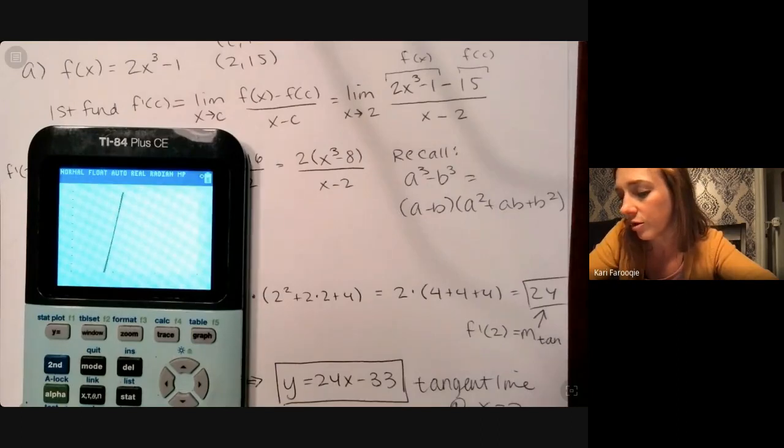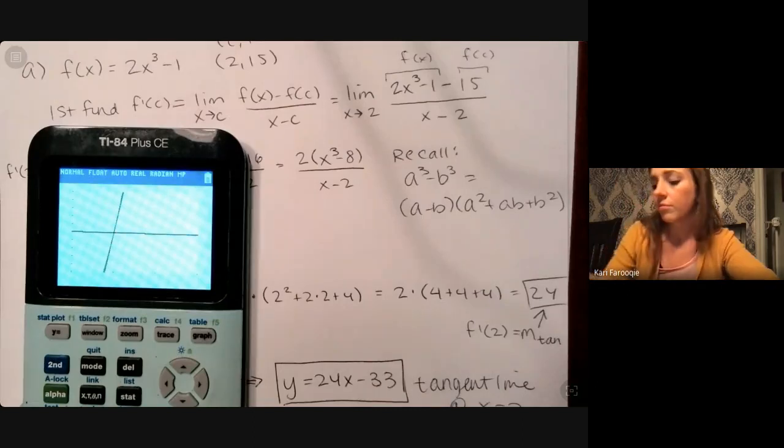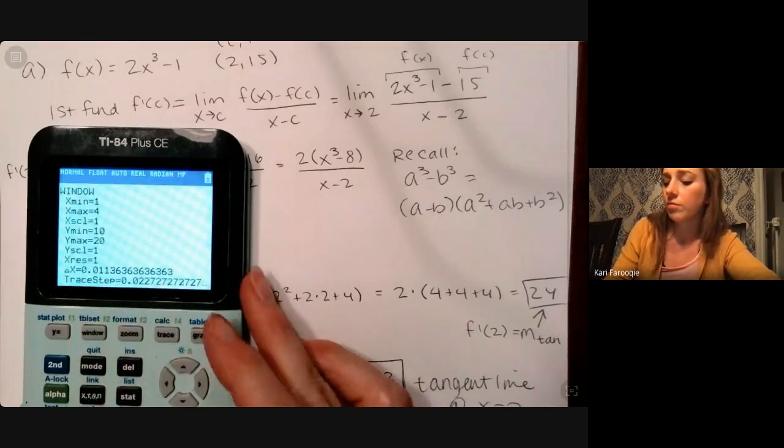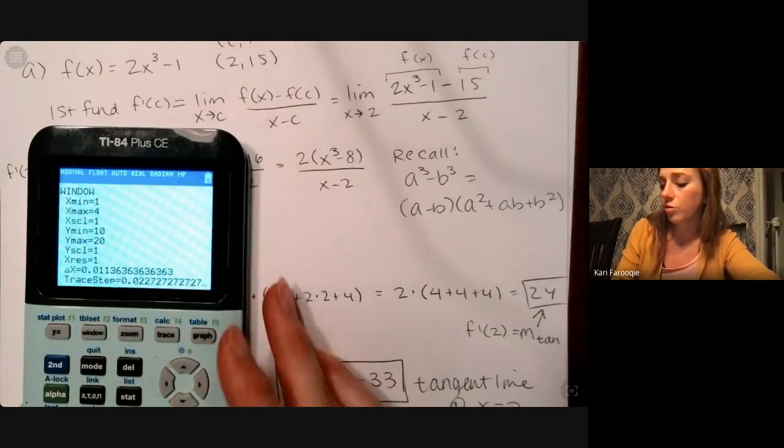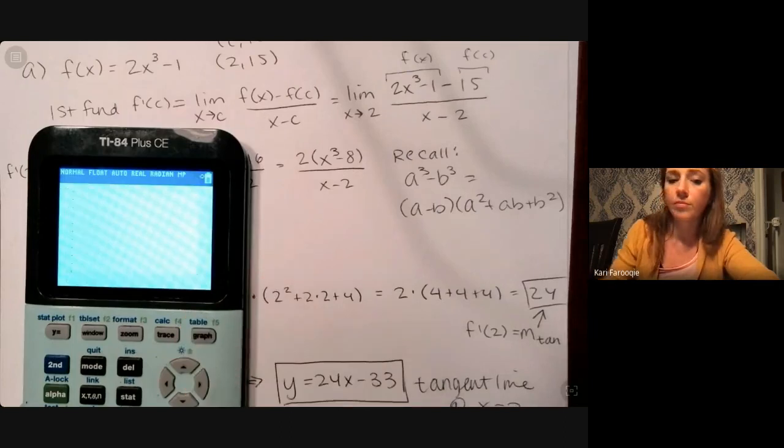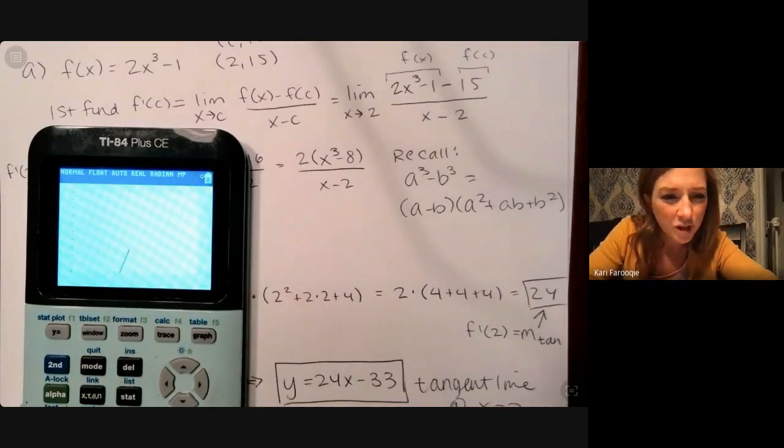It looks a little better. I almost want to go to 3. I don't know if it's going to make a difference. Oh, well. There's your function, there's your tangent line, and here's your normal line.